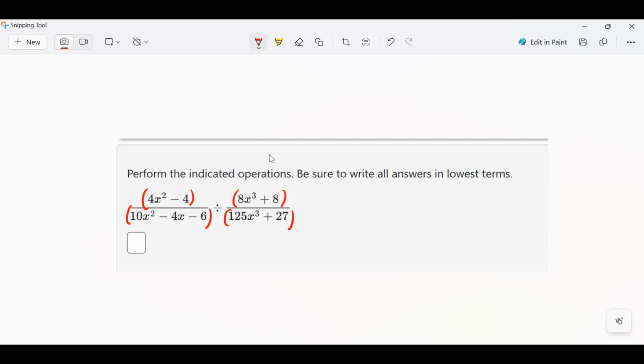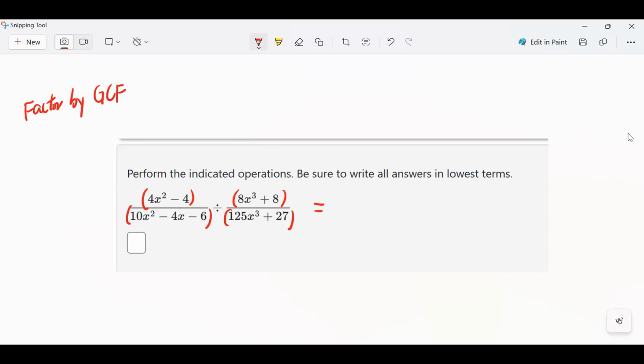All right, let's go over the solution. First of all, do we need to factor by GCF first, or do we just factor that as a difference of two squares directly?